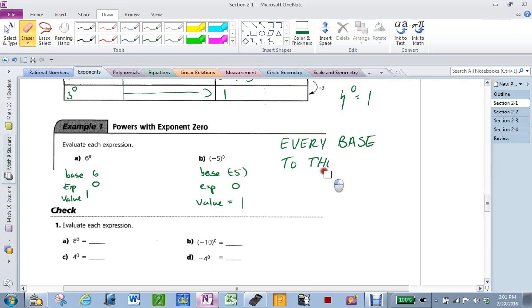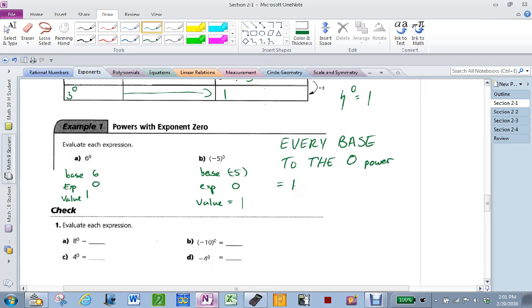Every base to the 0 power equals 1. Why do we say the? Yes, Omar. Every what to the 0 power? The base.